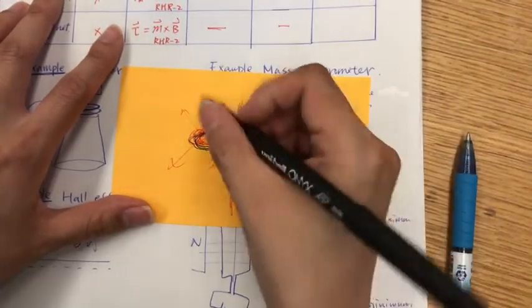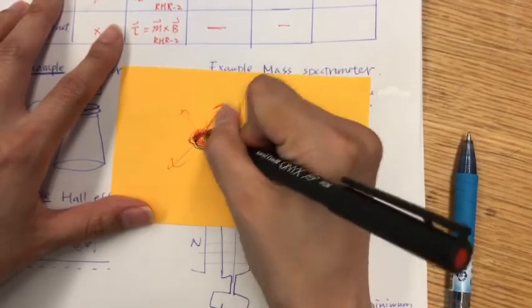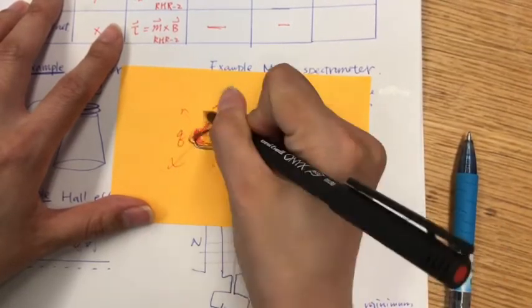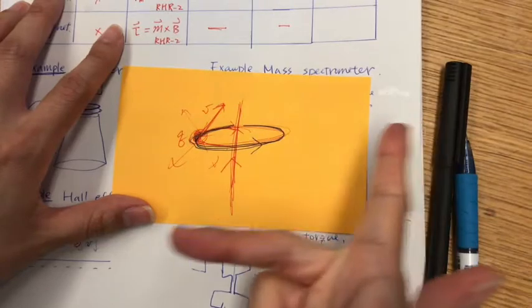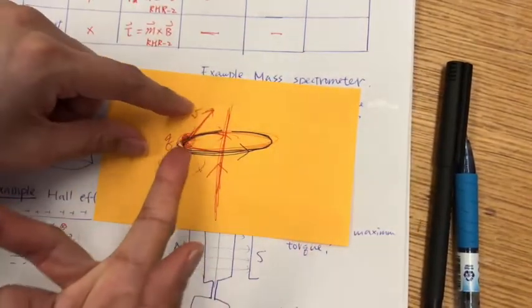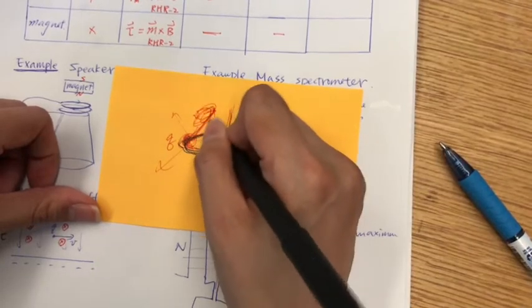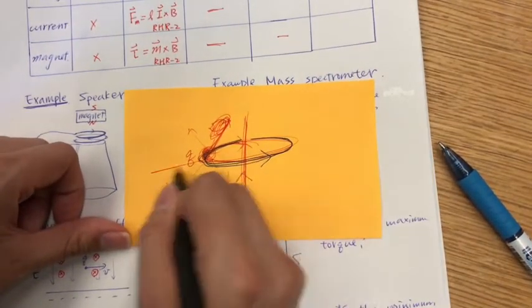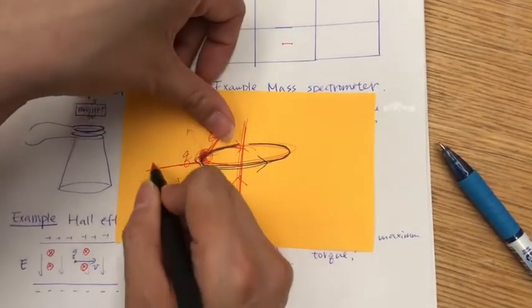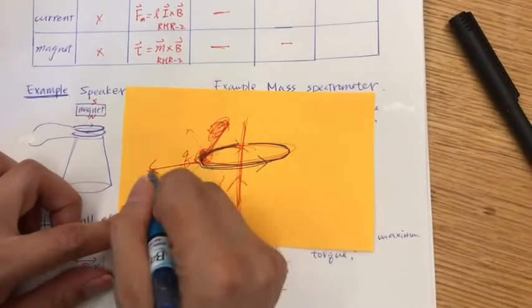And then if I have a charge Q here, moving in this direction, then I can use V. I'm going to draw the V another way. Say the V is going this way.